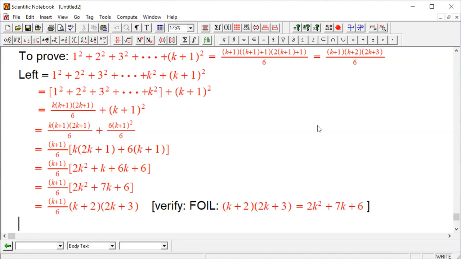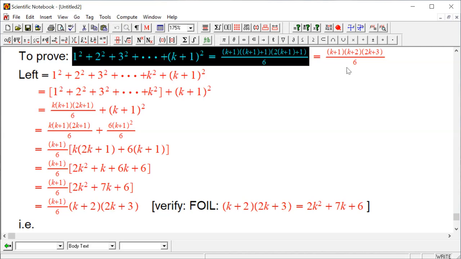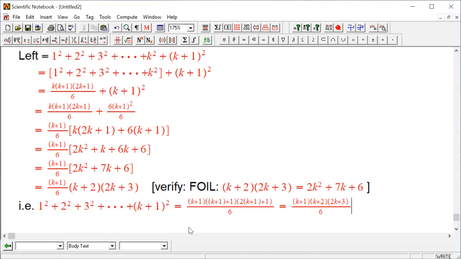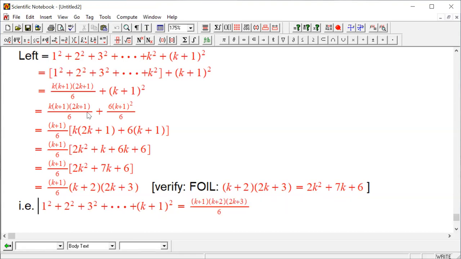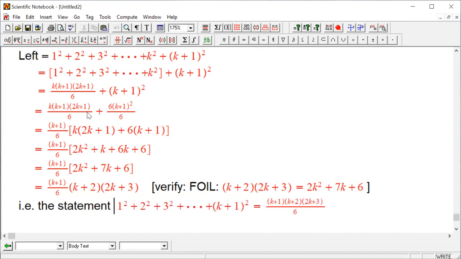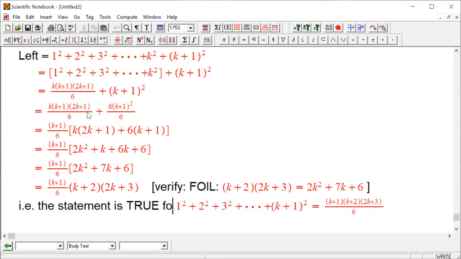And then you can say, i.e., it's true for k plus 1. You say the statement is true for k plus 1.